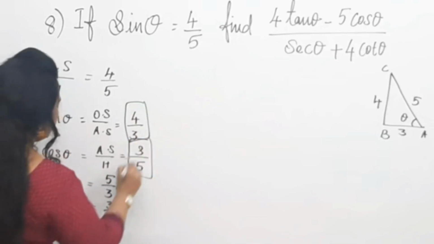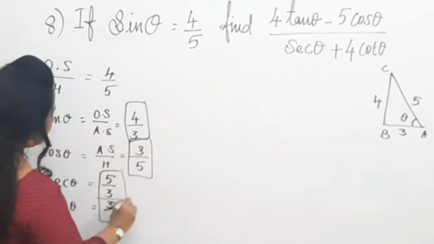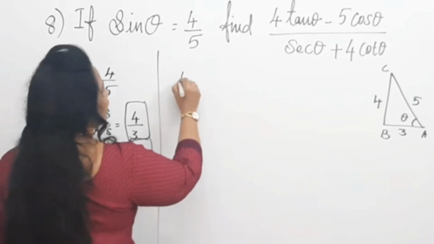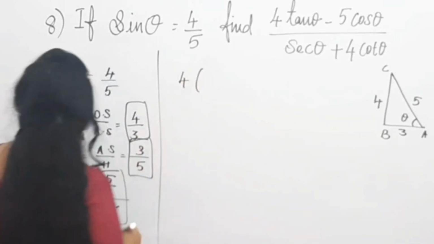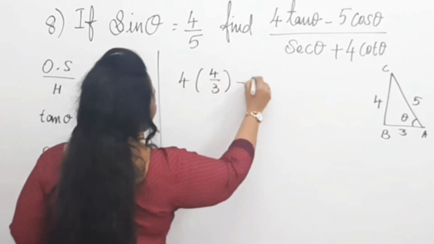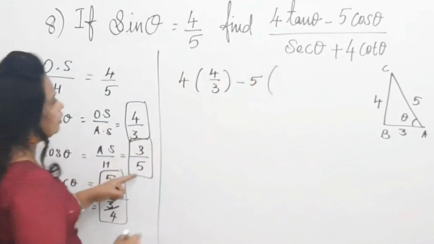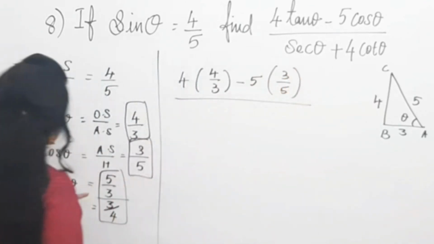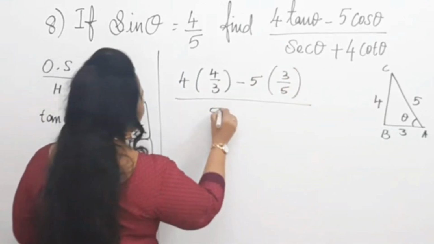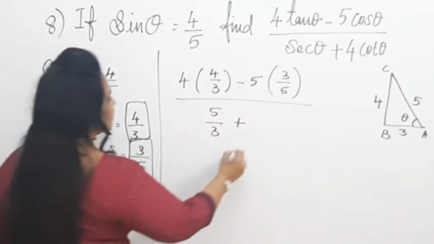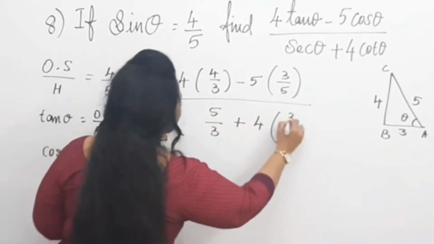So I will just go and substitute in my expression. So my expression is 4 tan theta. So tan theta value is 4 by 3, minus 5 into cos theta value is 3 by 5, divided by sec theta value is 5 by 3, plus 4 into cot theta value is 3 by 4.